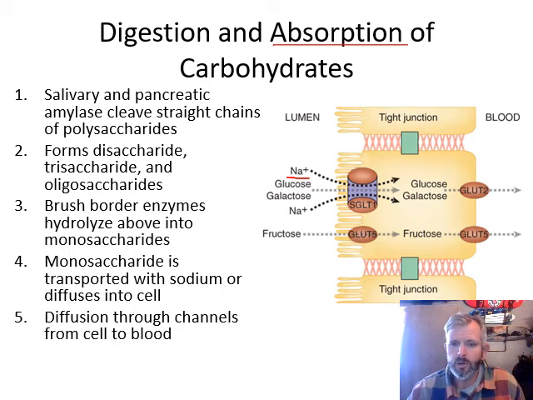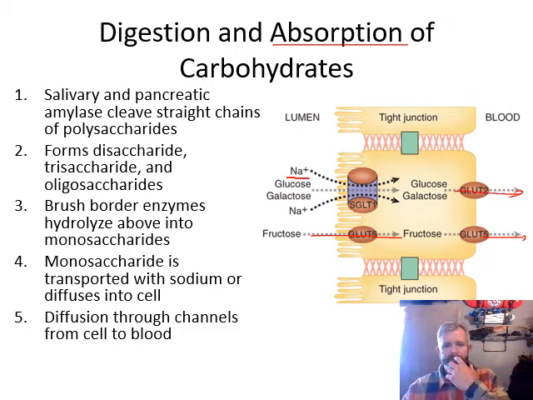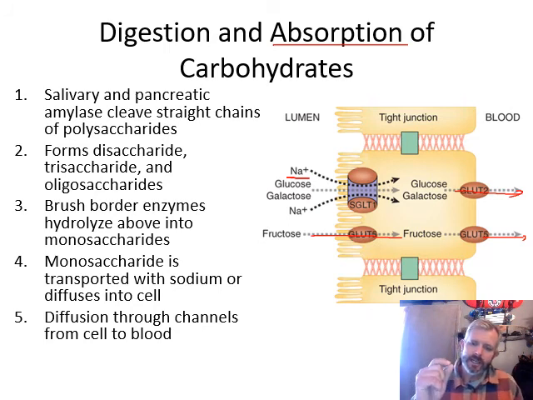Fructose is very low in the cell, so we can use facilitated diffusion through GLUT5. And I didn't say, but as glucose and galactose levels build up higher than what's in the blood, they will move into the blood through facilitated diffusion. But again, for carbohydrates, we have to be down to the individual monomers.